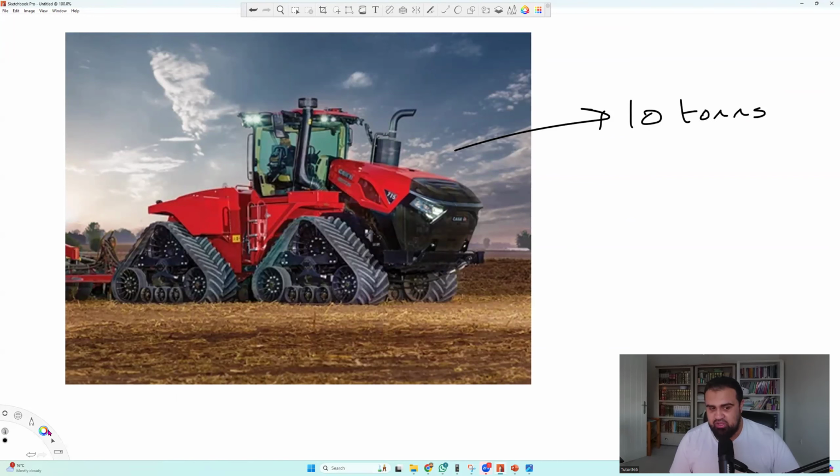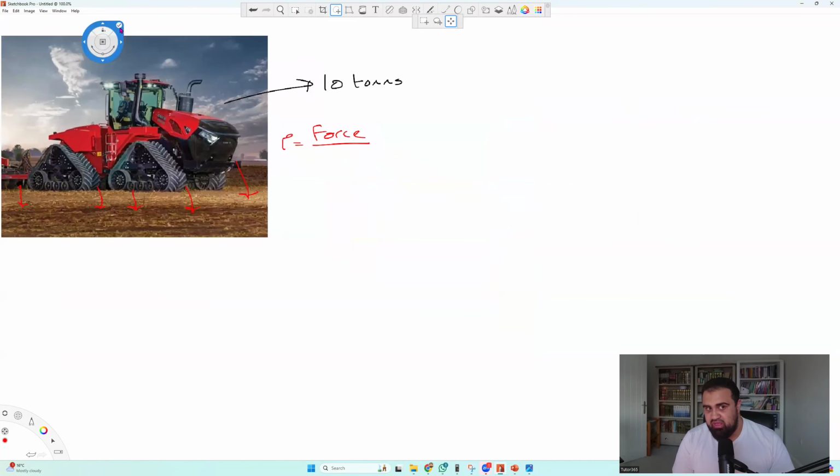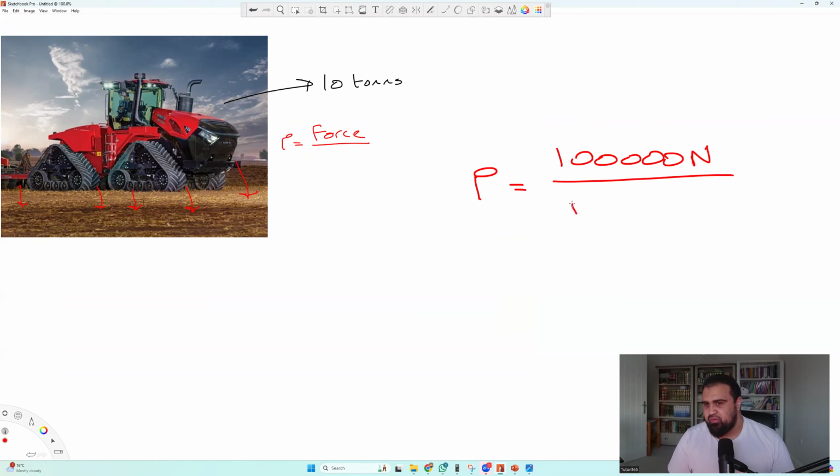That's so much force acting on the ground. Why doesn't the tractor sink into the ground? It's because all that force is being divided by a large area. So look, really understand this. Even if you have, let's say, 100,000 newtons of force, but that's being divided by 100,000 centimeters squared of area, forget the units for now.